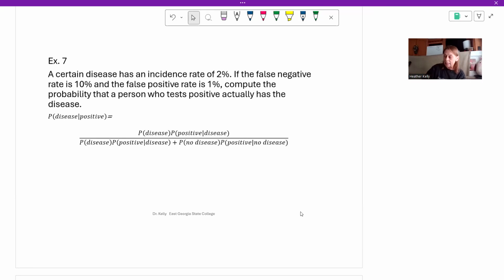Okay. An incidence rate is the probability of disease. So this is the P of disease. And we don't do any calculations in percentages. That's 0.02. Have to convert percentage to decimal.